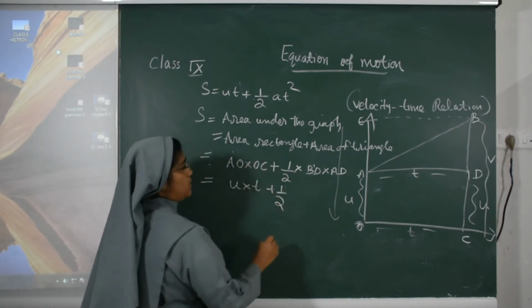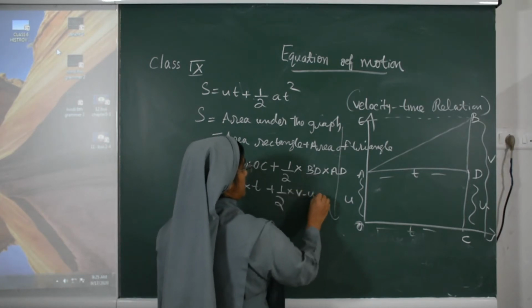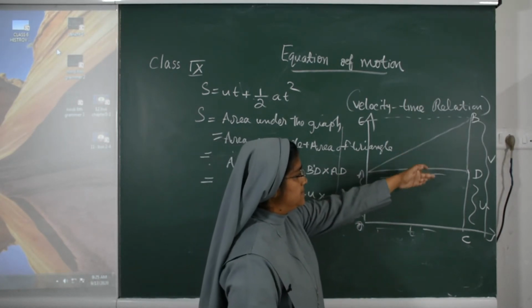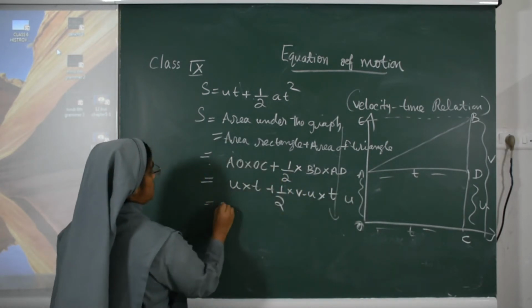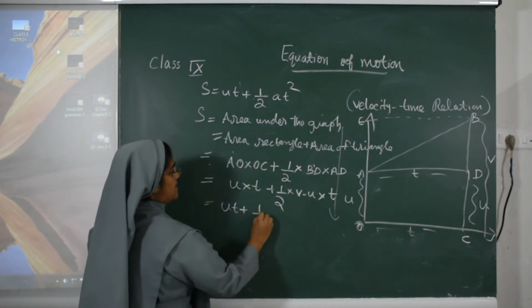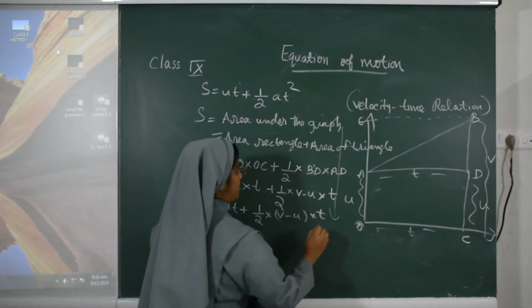Then half into BD means v minus u, and AD is t. So, ut plus half into (v minus u) into t.